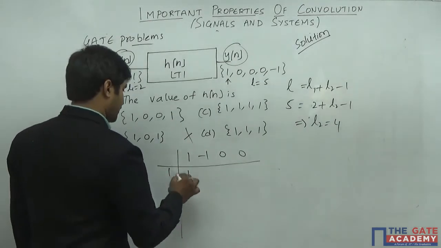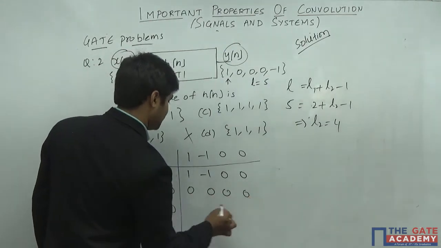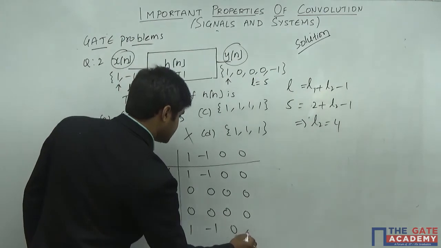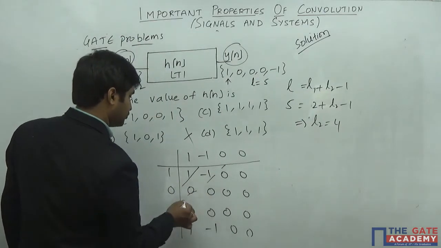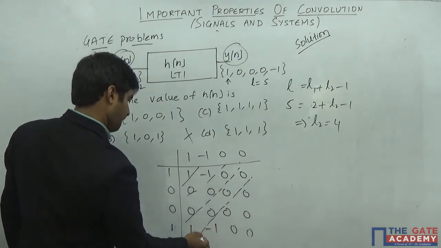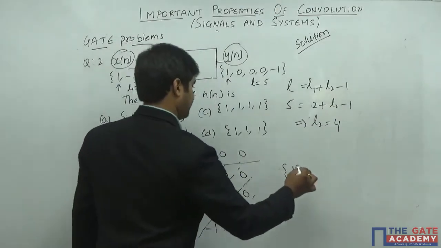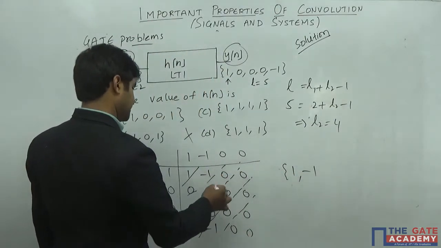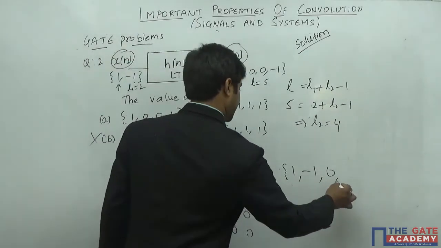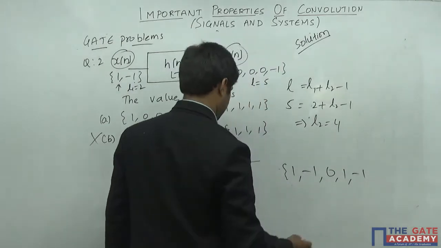So here 1 minus 1 0 0, all zeros, and again 1 minus 1 0 0. So if you see here, I'm going to get the output 1, -1, 0 and 1, -1.